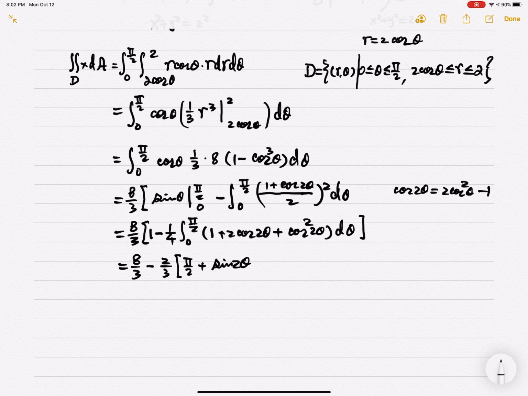When you calculate the derivative with the chain rule, the 2 moves in front, evaluated at pi over 2 and 0. Both terms are 0, so this one will be 0.